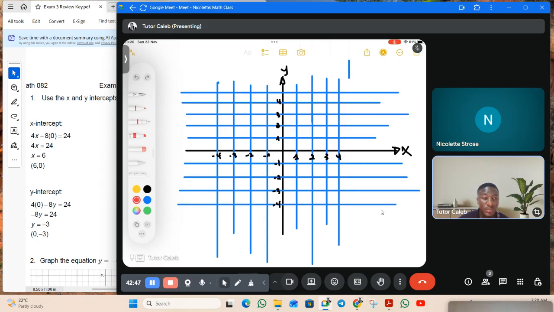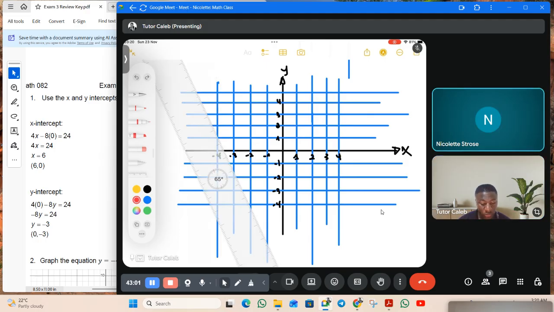Now, what I'll do is draw a line. That line will touch the axis at 2 points. Wherever they touch the axis, I want you to give me the coordinate. Okay? I'll draw two lines.